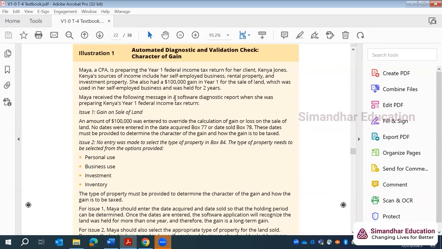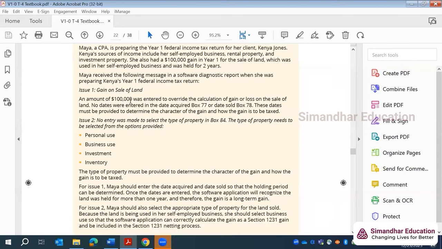Maya received the following message in a software diagnostic report when she was preparing Kenya's year 1 income tax return. Issue: gain on sale of the land. Now, what will be the gain on sale of the land? An amount of $100,000 was entered to override the calculation of gain or loss on the sale of the land. No date was entered. Now, why is the date important here?